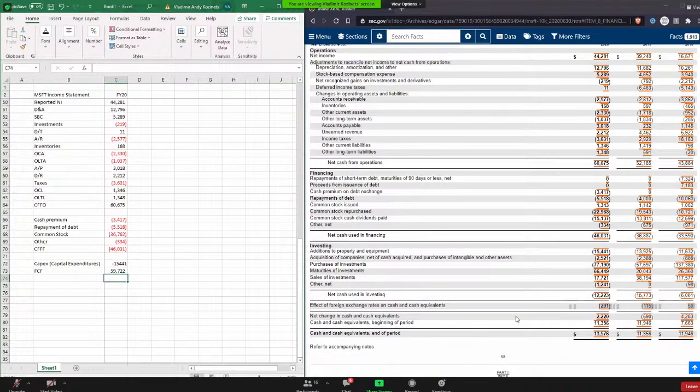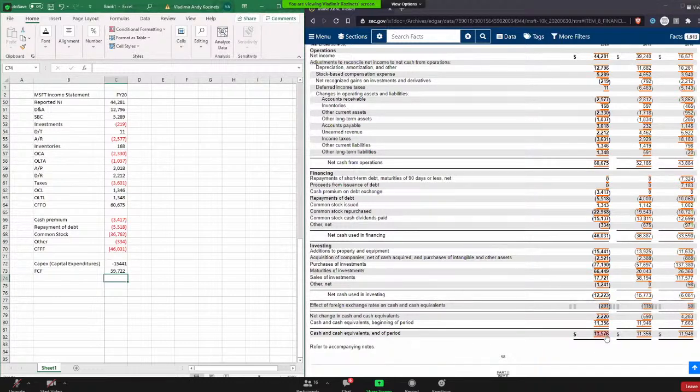And here we see the net cash used in investing is negative, and that means the company is investing in its future growth. So it's good. Generally, if everything's been good so far and net cash used in investing is negative, that means it's investing in growth, and it's a very good, healthy thing in a company.